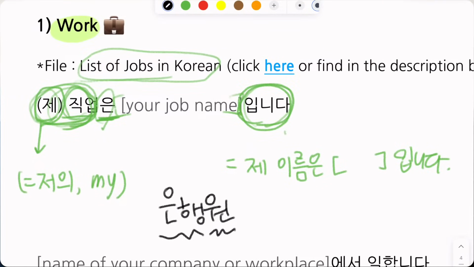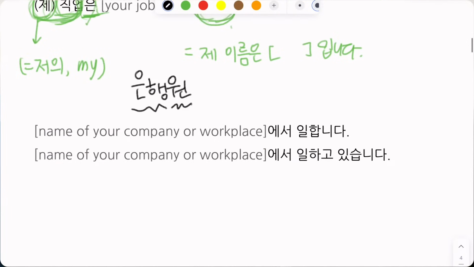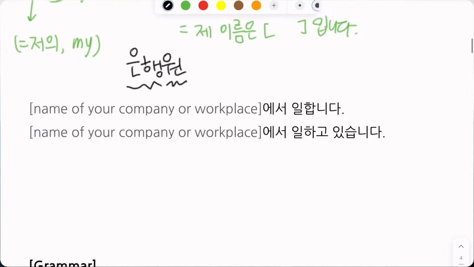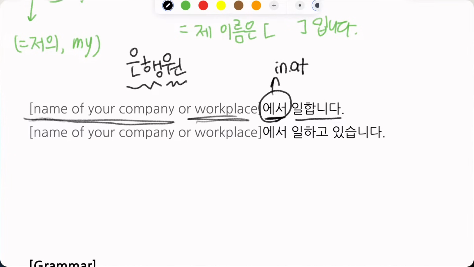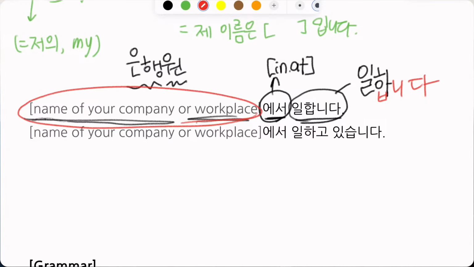This is the most simple, easiest way you can say your job. 그리고 if you don't want to specify what you are, but more where you work, you can also say the name of your company or workplace에서 일합니다. So 에서 in this context means in or at. And 일합니다 is a combination of 일하다, which means to work, and ㅂ받침 니다. So it means you work at that place.